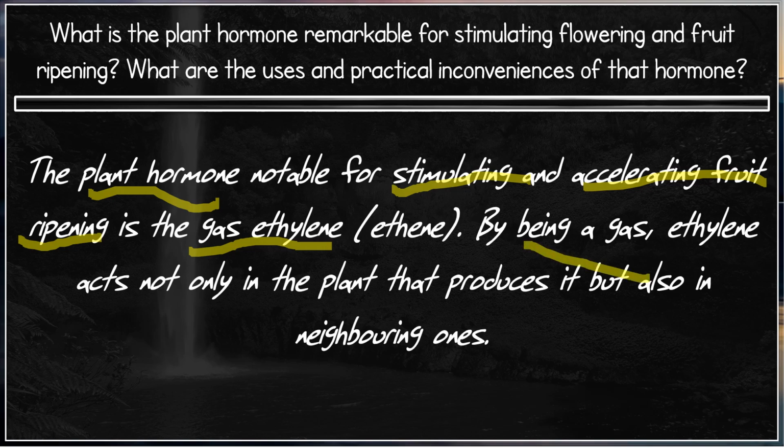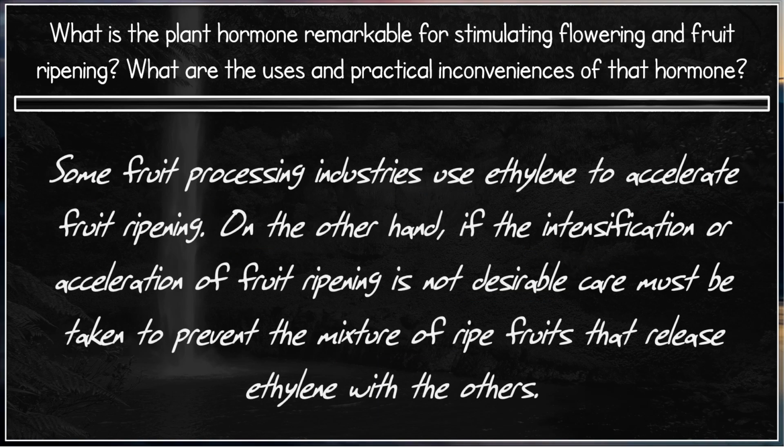By being a gas, ethylene acts not only on plants that produce it, but also on the neighboring ones. Some food processing industries use ethylene to accelerate fruit ripening.